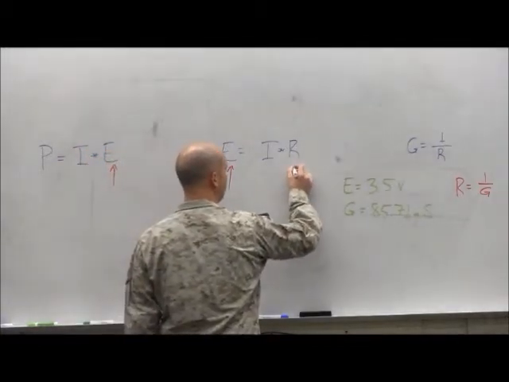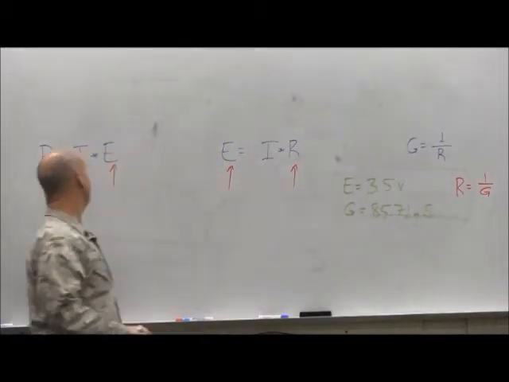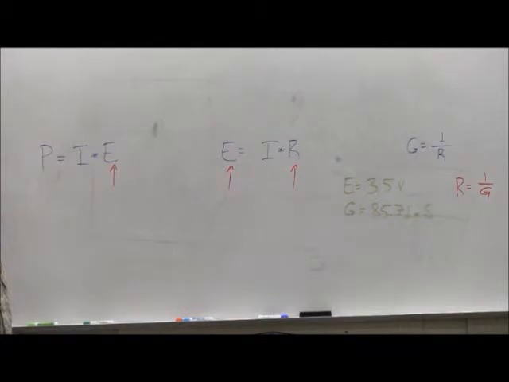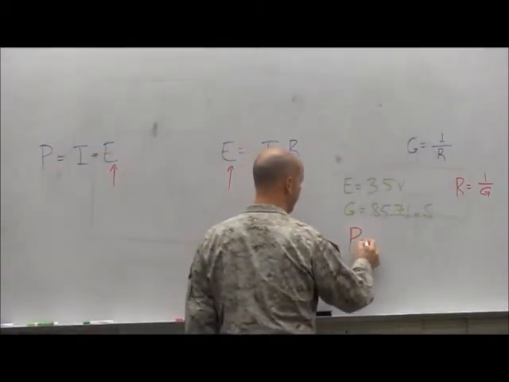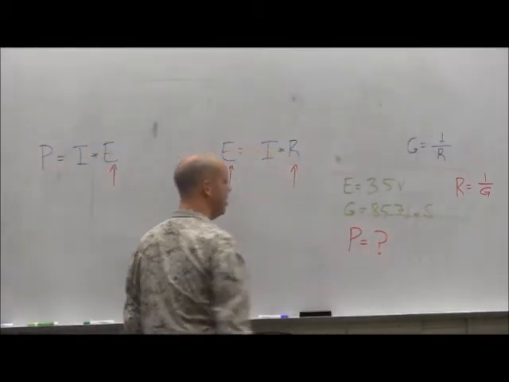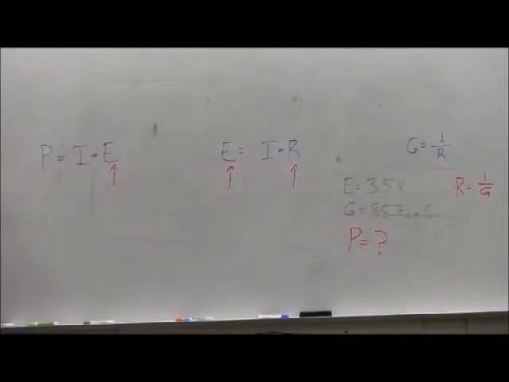So we also have R. And no R right here. The last thing that we'll do is say, what is it we're looking for? Well, we said let's find power. What is power? Okay, so we will underline power.